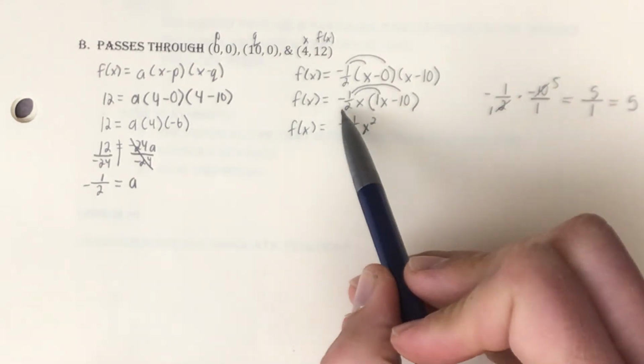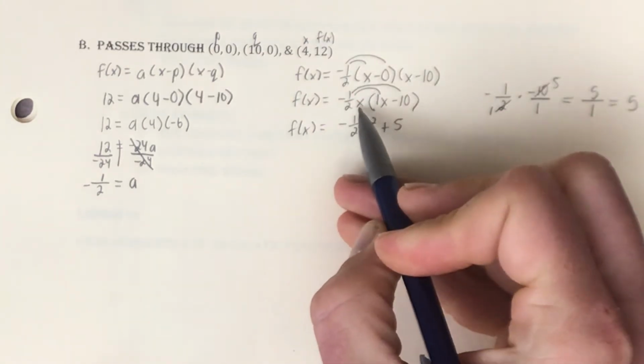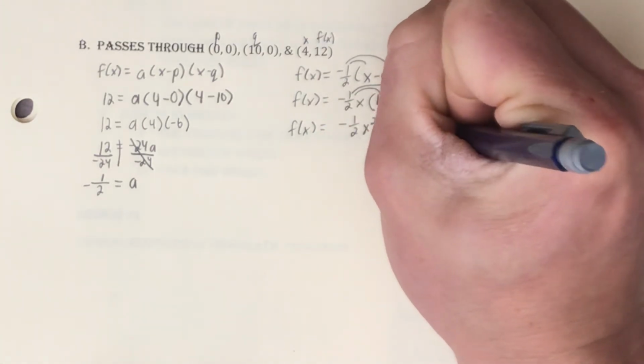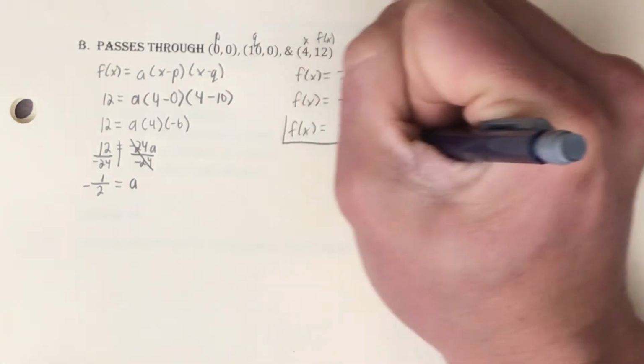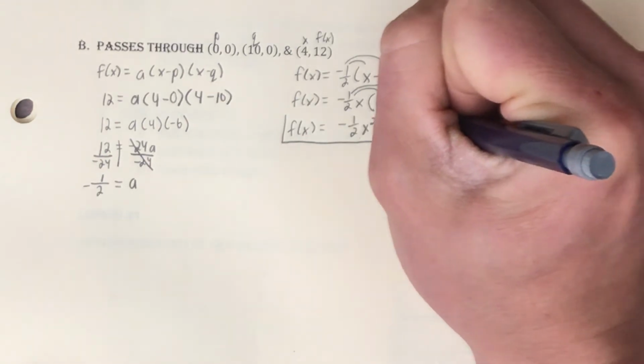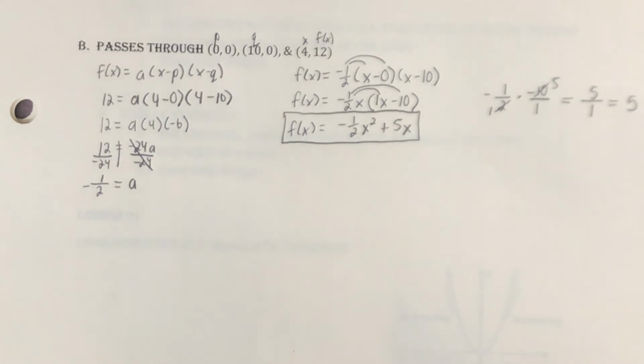So when I had negative 1/2 times negative 10, I got positive 5, and then I had an x involved as well, so I need to bring that down as well. So I've got positive 5x. So my final answer here is f of x equals negative 1/2 x squared plus 5x.